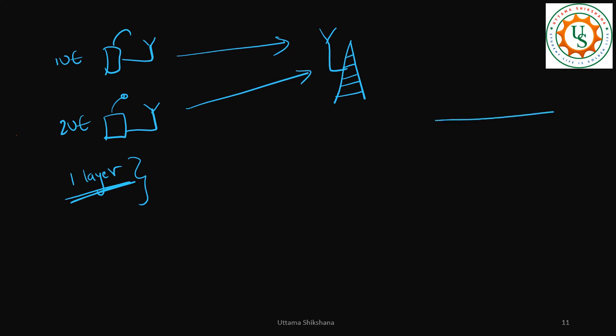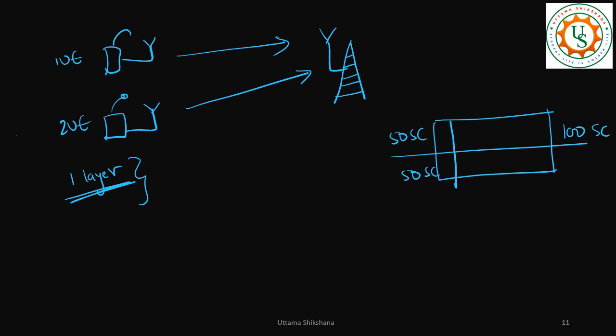Again, if I take the OFDM grid with 100 subcarriers, we need to divide them: 50 subcarriers to one UV, 50 subcarriers to another UV, so that they are orthogonal with respect to the frequency domain allocations, right? So in this case, each UV has a data rate of 500 bits per second, which is 50% of what we saw earlier.